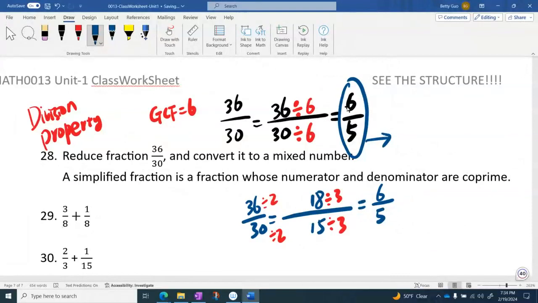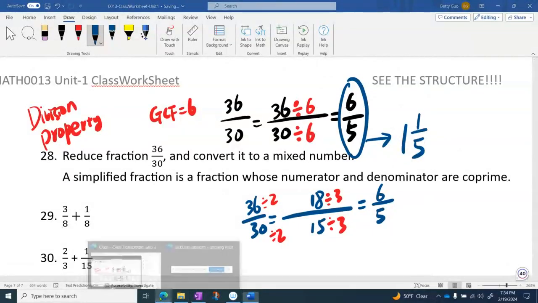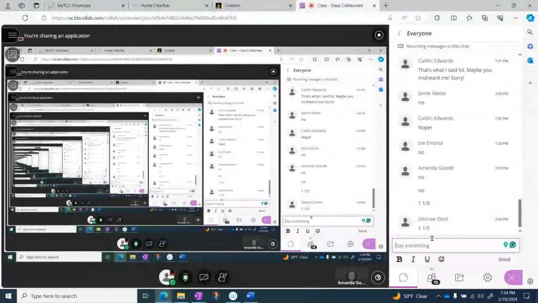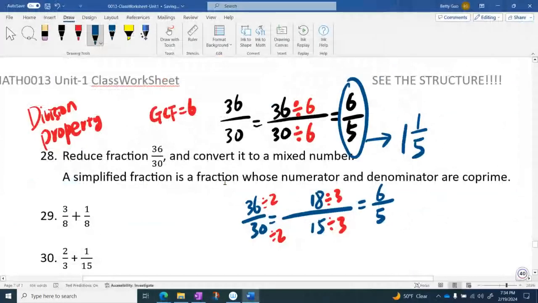Improper fraction has a numerator bigger than or equal to the denominator. So 5 goes into 6 one time with remainder 1. Yeah, exactly. 1 and 1/5. Yeah. So you guys have a good foundation from previous algebra class. That's great.